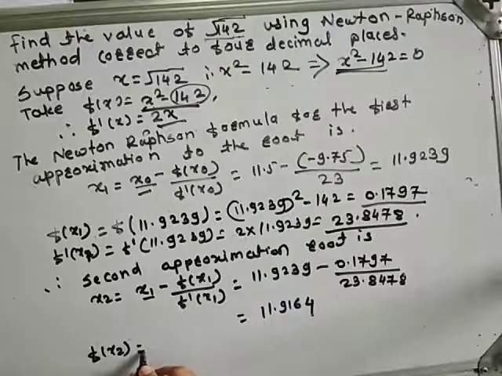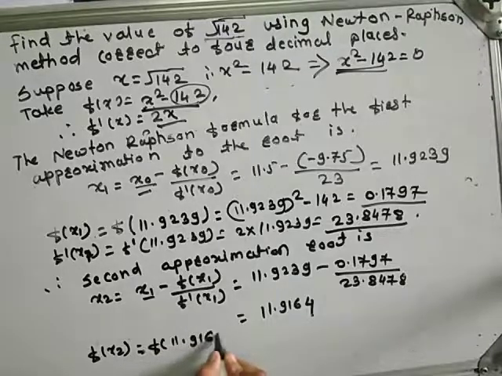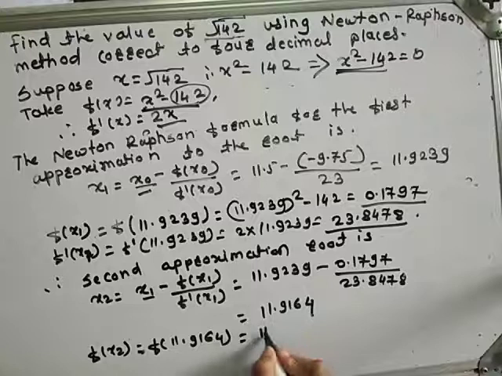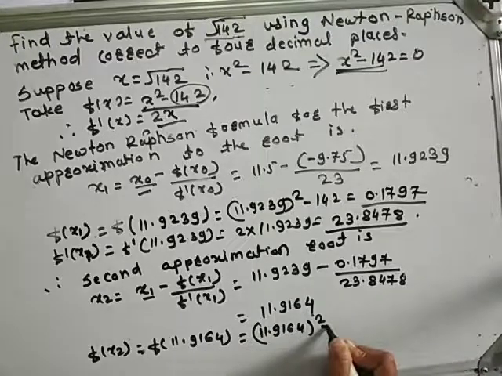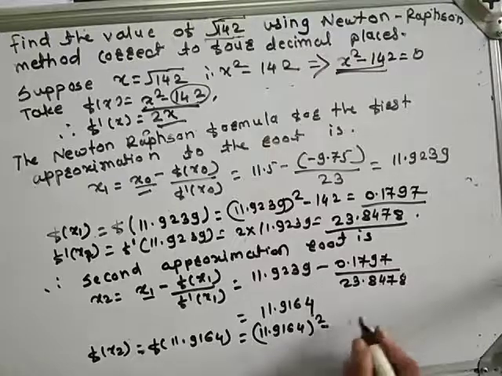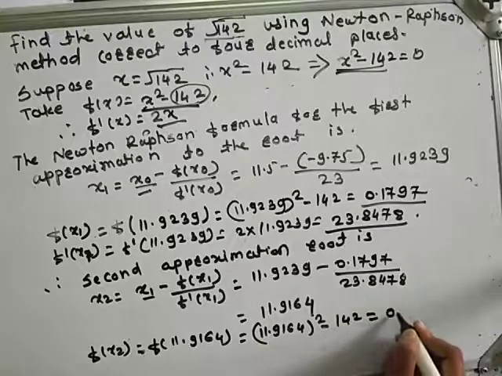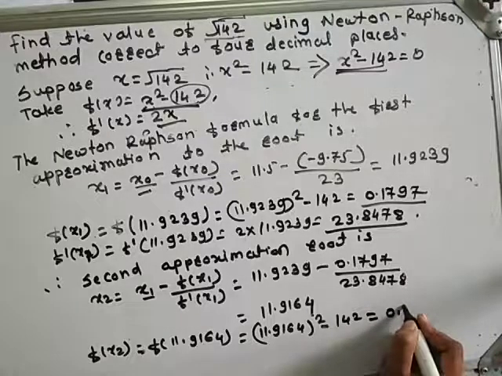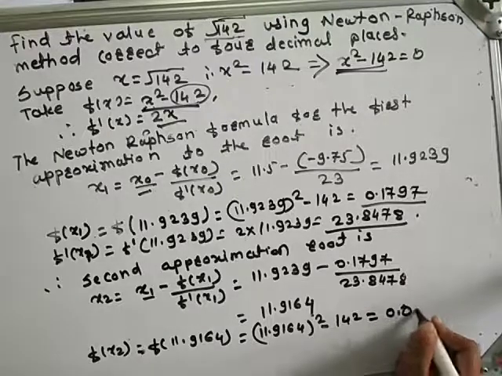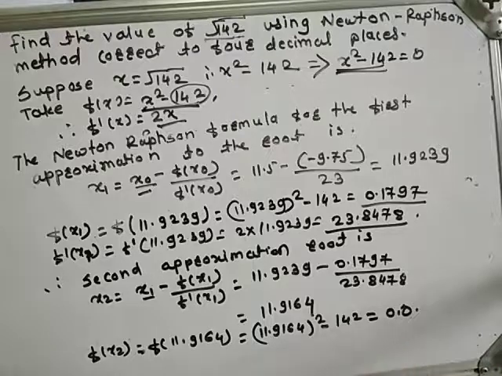Now calculate f of x2. f of x2 means f of 11.9164, which is equal to 11.9164 square minus 142, which is equal to 0.0.